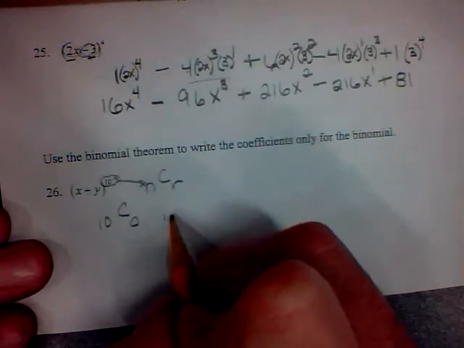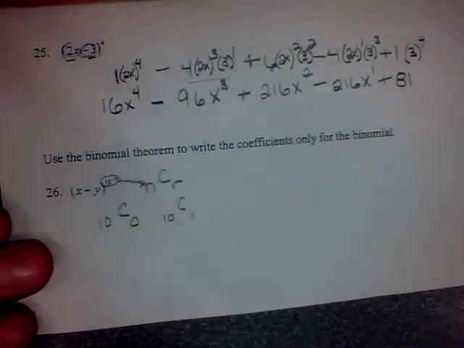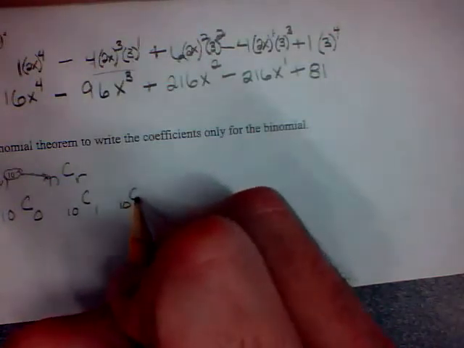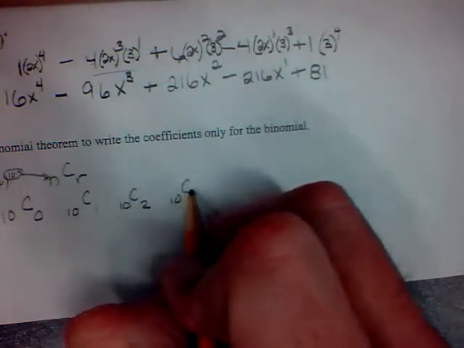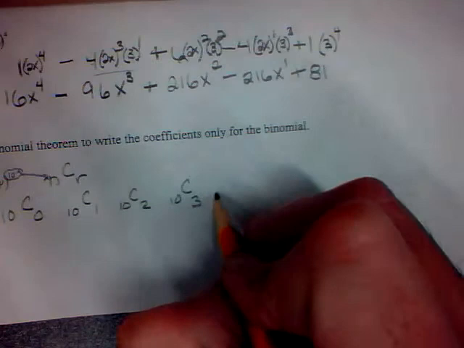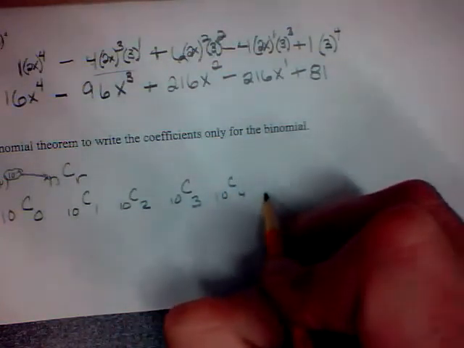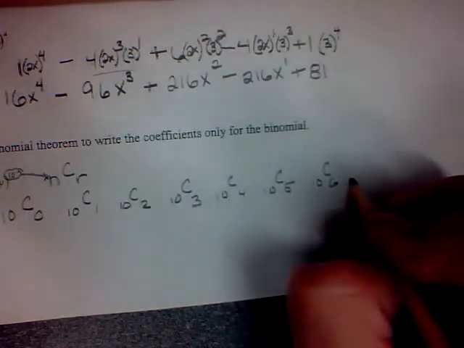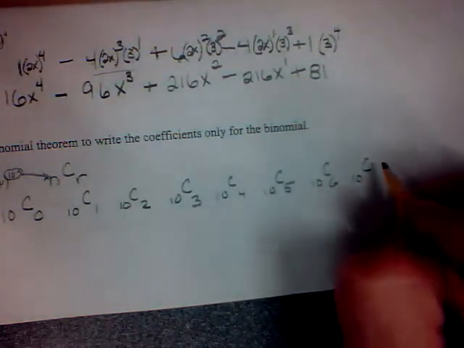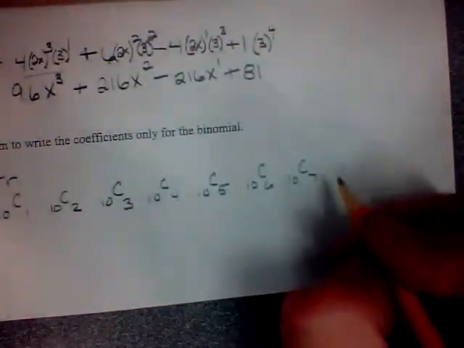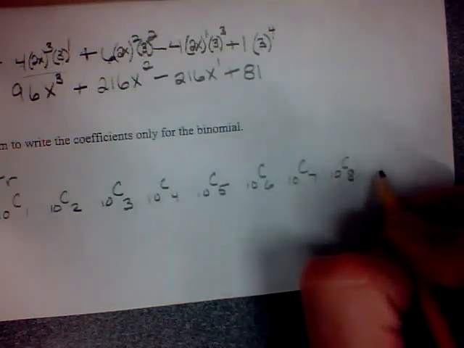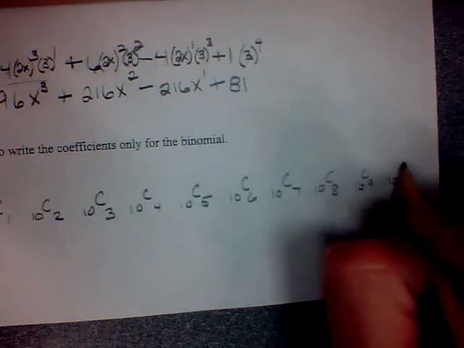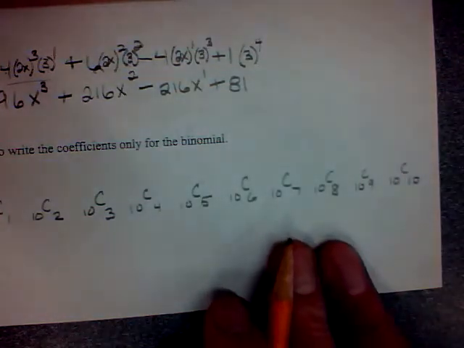Then your next term will be 10 combinations of 1, and then you're going to keep increasing: 10 combinations of 2, 3, 4, 5, 6, 7, 8, 9, and lastly 10 combinations of 10.